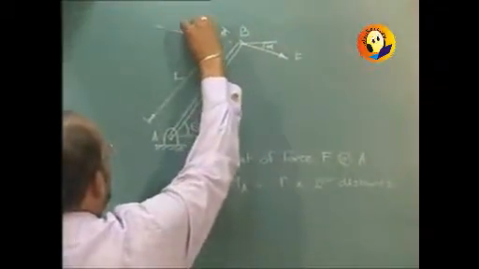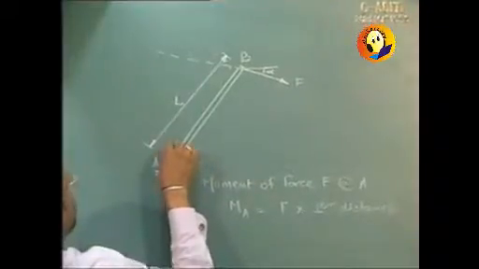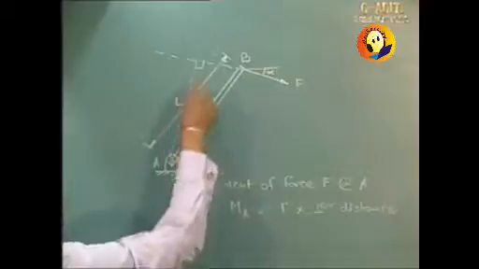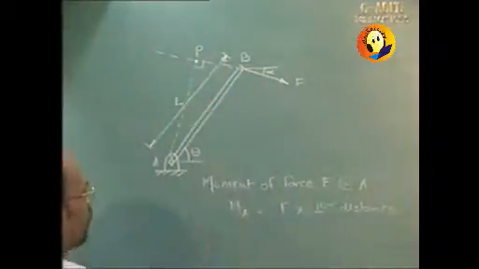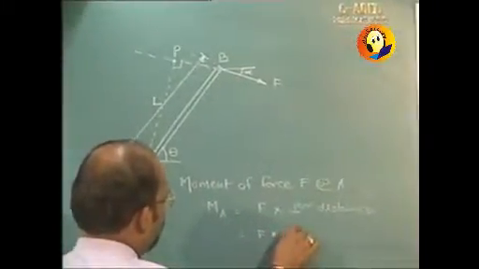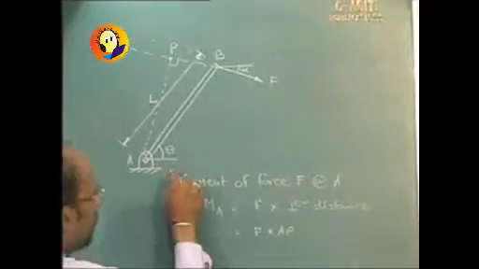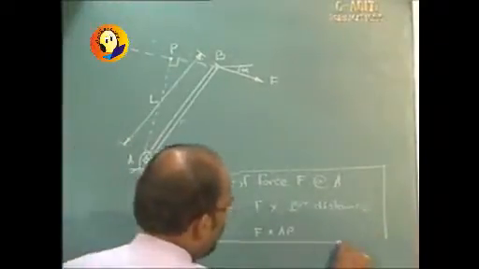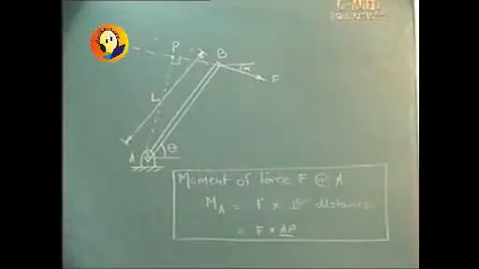So we will be dropping perpendicular on to this line of action of force, and if this distance is known to us, let us call this point as P, then it is going to be F into AP. But finding moment in this manner will be a difficult task, because we are required to find the distance AP as such.